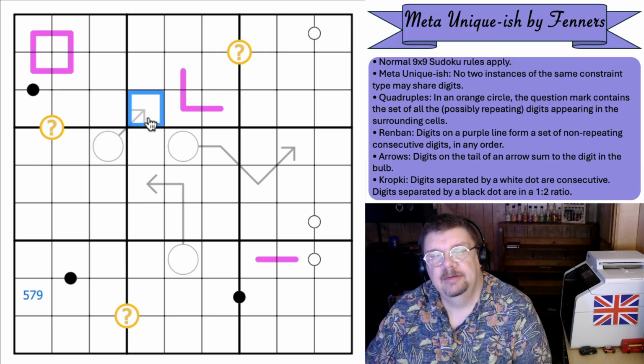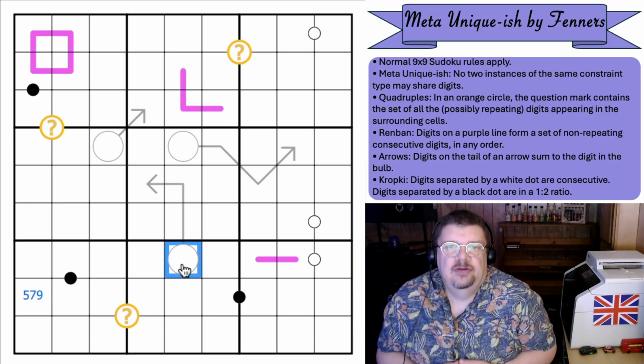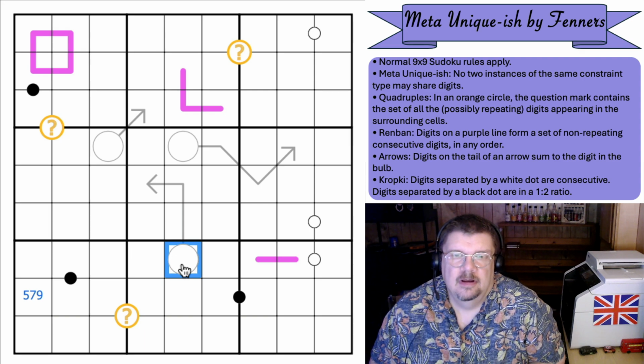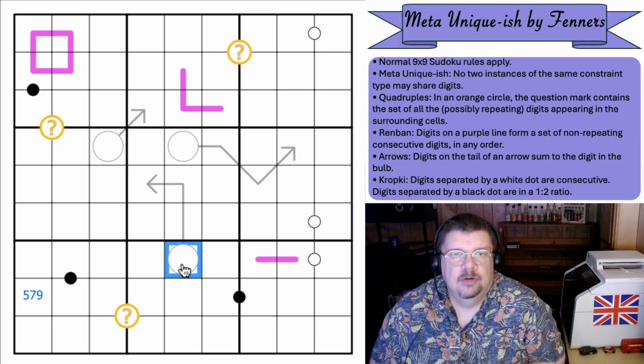Okay, arrows then. This is obviously going to be the same digit, so that counts as 1. 2, 3, 4, 5, 6, 7, 8, 9. So we could have 9 different digits on arrows.